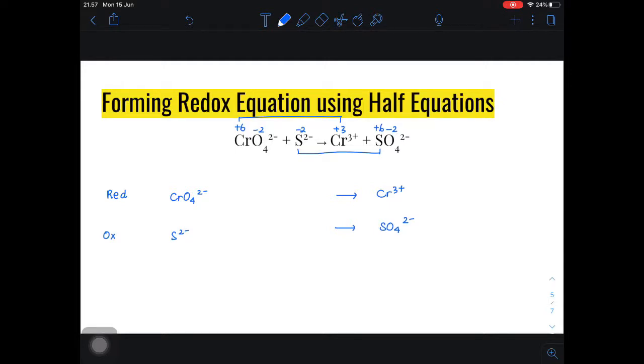If needed, we need to balance out the quantity of the atoms other than the oxygen and hydrogen, which is not needed here. Then balance out the quantity of the oxygen.